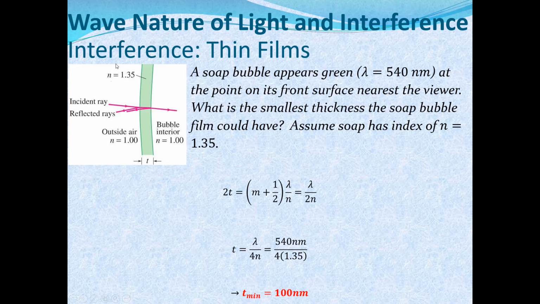One thing that I want to note before I move on: when we're doing this, we're assuming that the light ray is coming in almost perpendicular to the surface. They're giving it a slight angle just so that we can visualize the two waves coming out a little easier. But we're assuming in these cases we're coming in at such a direct angle that it's essentially only going there and back.